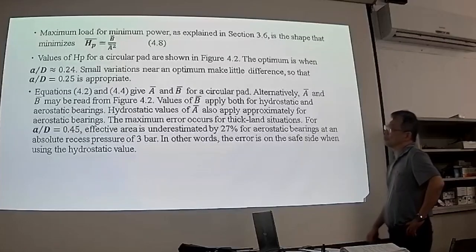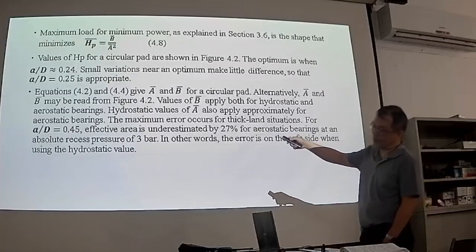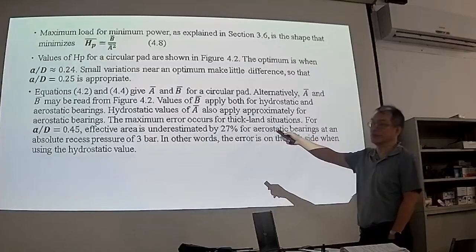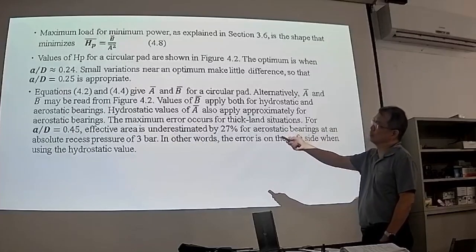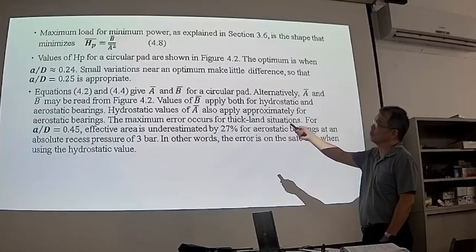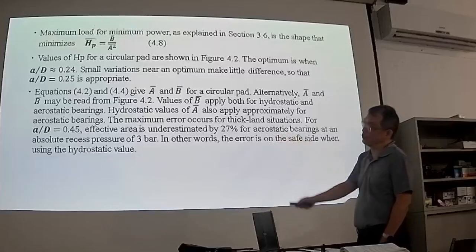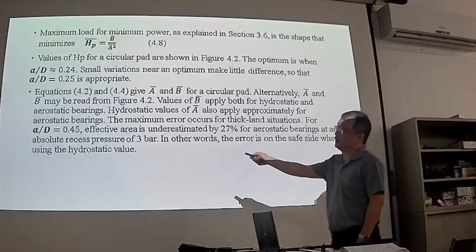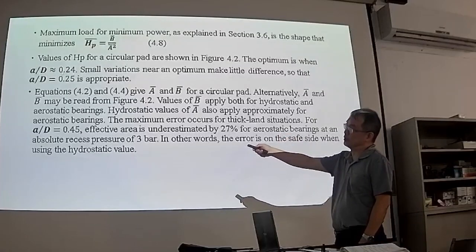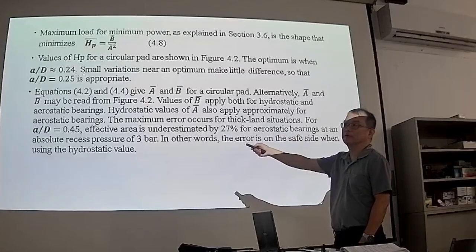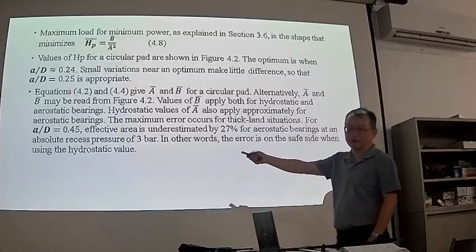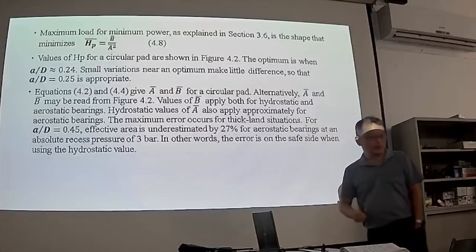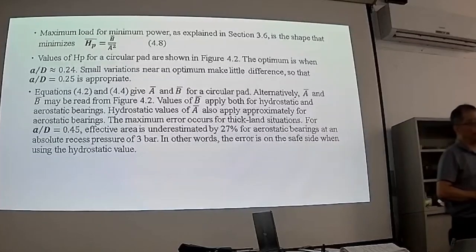So by using this, we try to solve the optimization problem for maximum load and minimum power for the circular bearing. You can obtain the land ratio equal to 0.24 as the optimum value. So it's not far from our rule of thumb, 0.25.